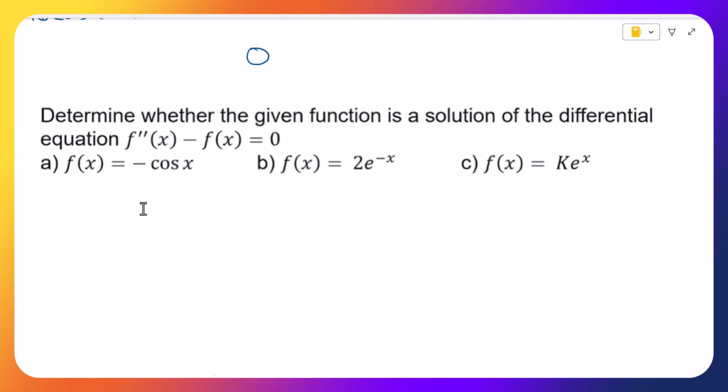Okay, so coming back, looking at part A, we get f prime of x equals sine of x, and f double prime of x equals cosine of x.